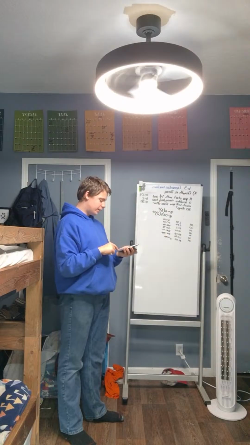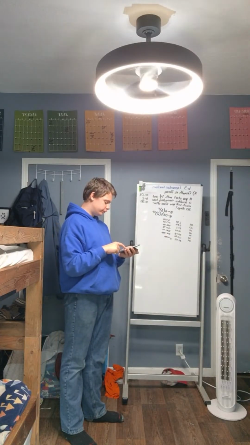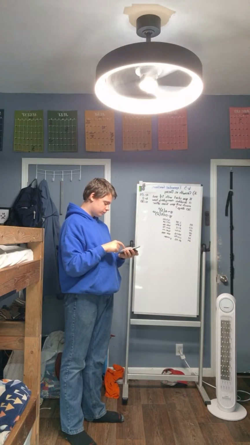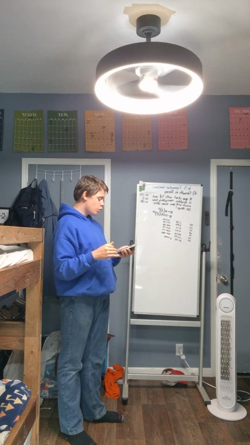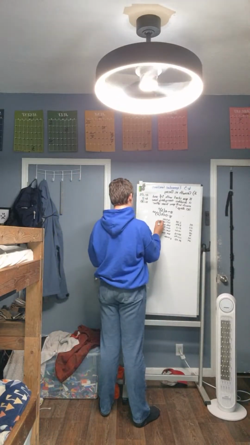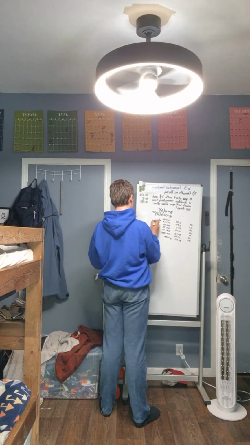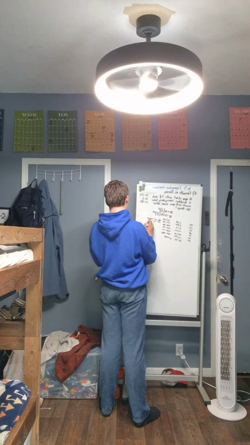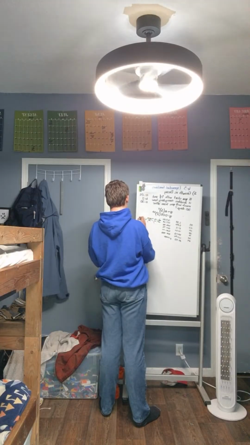And then when you add 0.01 times 2 to the power of 30, you would reach 10,737,418.24.